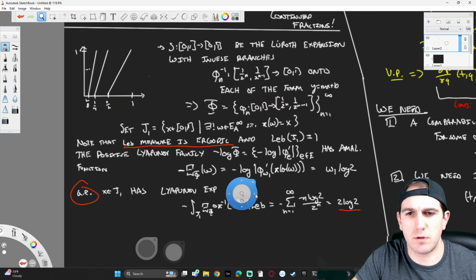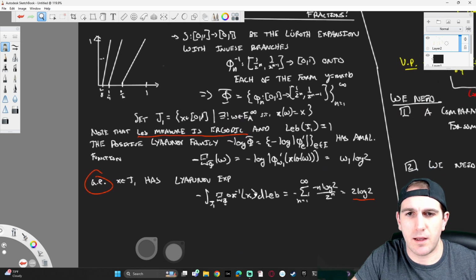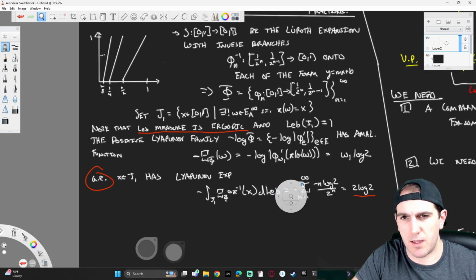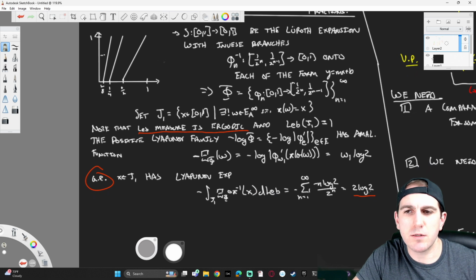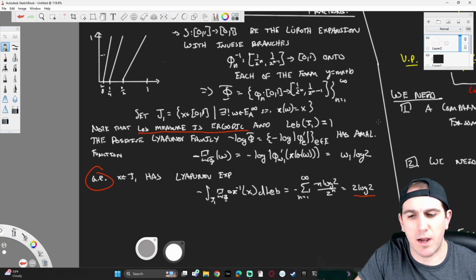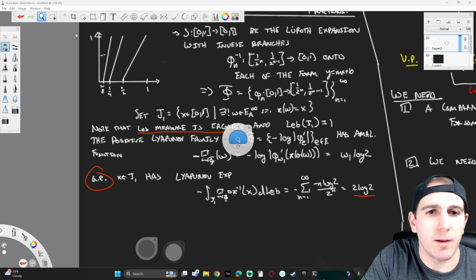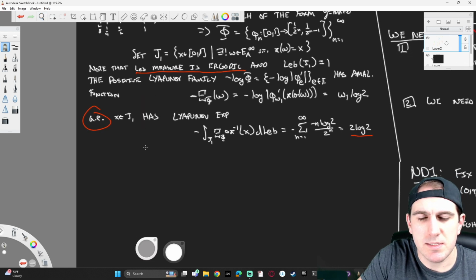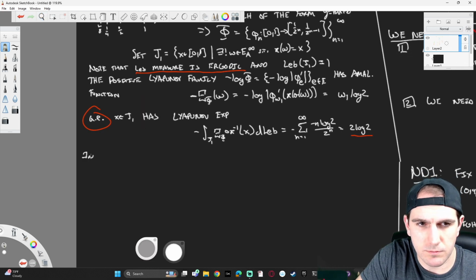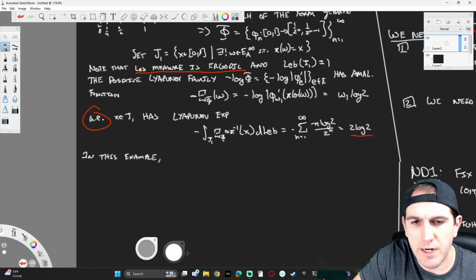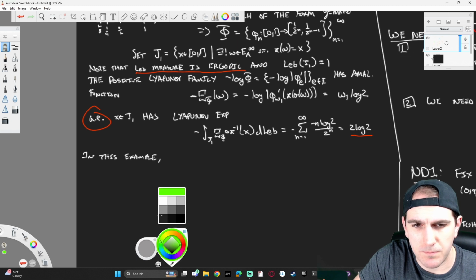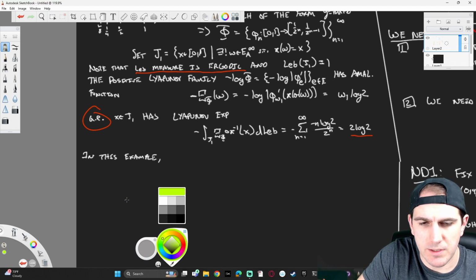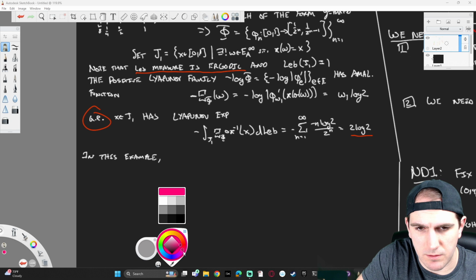So in our example, we had a characteristic exponent of 2 log 2, but that is probably not minimal. So in this example, the pressure for this family, let me do it in this color.